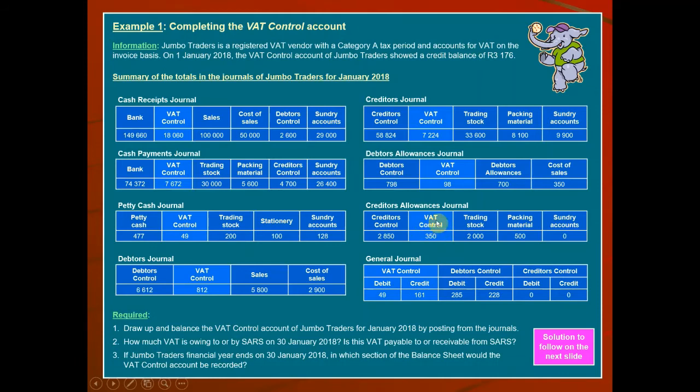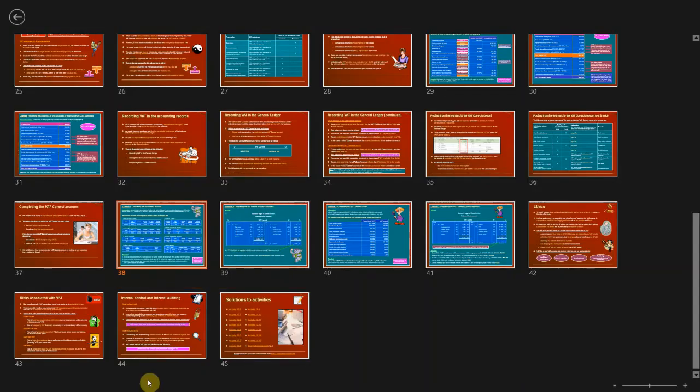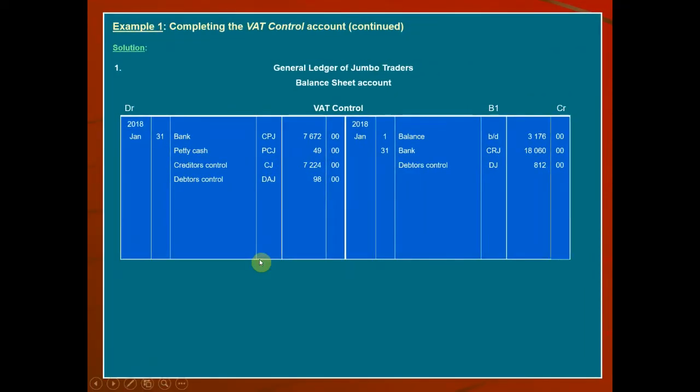It's also an adjustment. We will now owe more to SARS. So therefore, we will have to credit the VAT control account, and creditors control is the name of the account that we will debit, as we owe our creditors less money due to the discounts that were allowed.